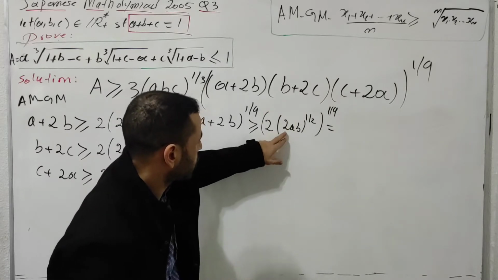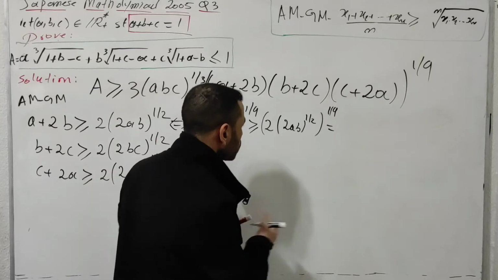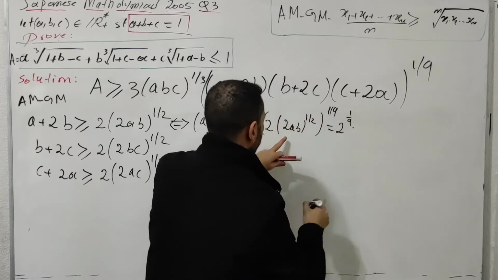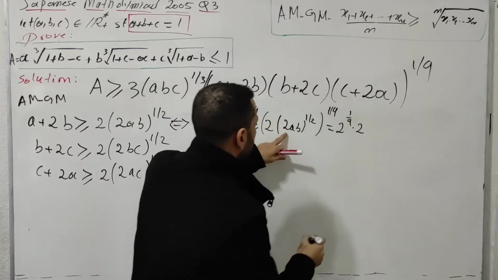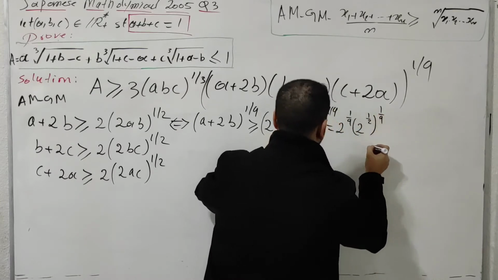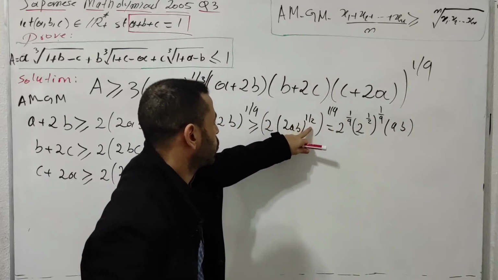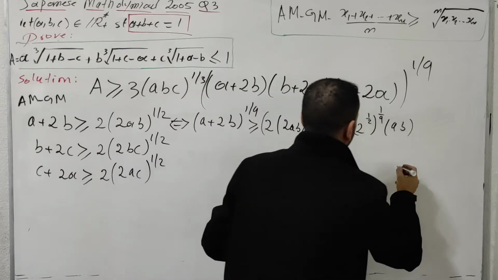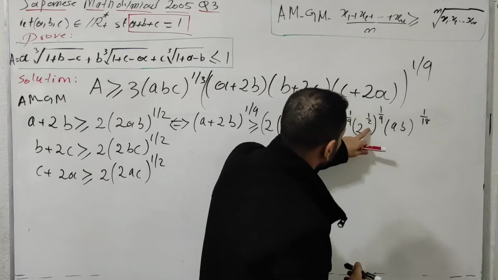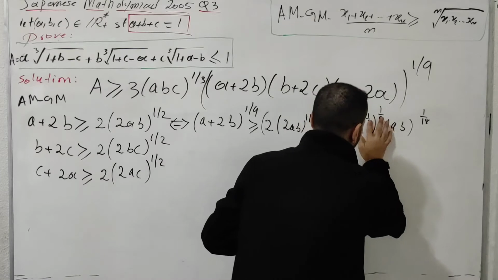Okay, I'm going to separate the number 2 from ab and take it outside of this product. For the ab, since the original exponent is 1 over 2 raised to the 1 over 9, the whole thing is given as 1 over 18. So the same thing here, I get 1 over 2 times 1 over 9, which is 1 over 18.